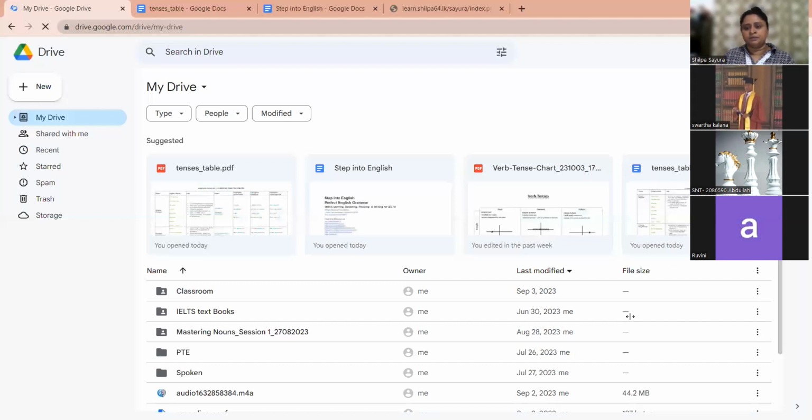I, first person, singular. Simple form, I sing. So you means second person, plural and singular both. So it's again the simple form. You sing. And you all sing.